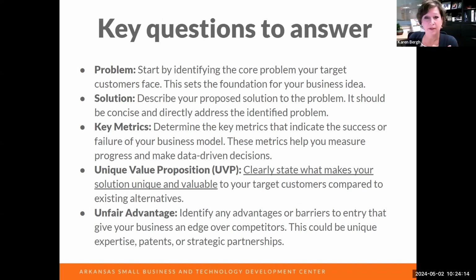The fun part about the Lean Canvas is that when you write these, you're challenged to say it in a really concise way. So what is the problem you think you've identified with your target customers? And then what is the solution in as few words as possible? And then your key metrics: what is going to tell you when you've been successful or when you need to pivot or change something?